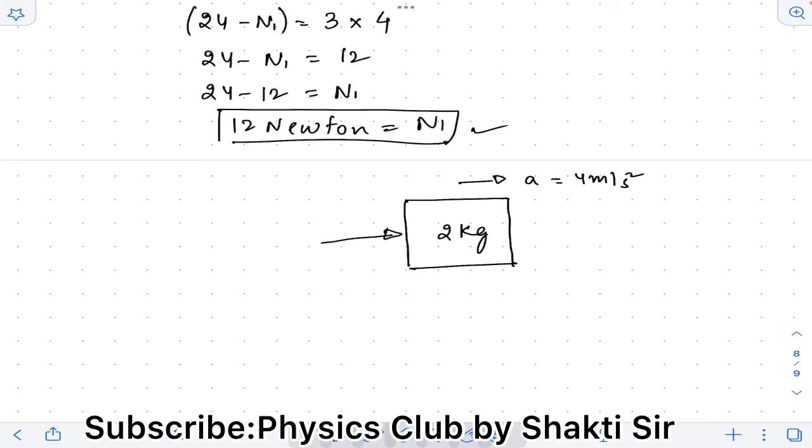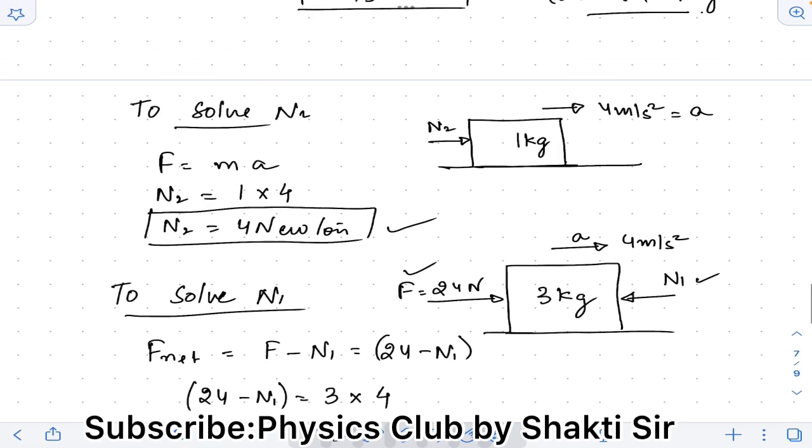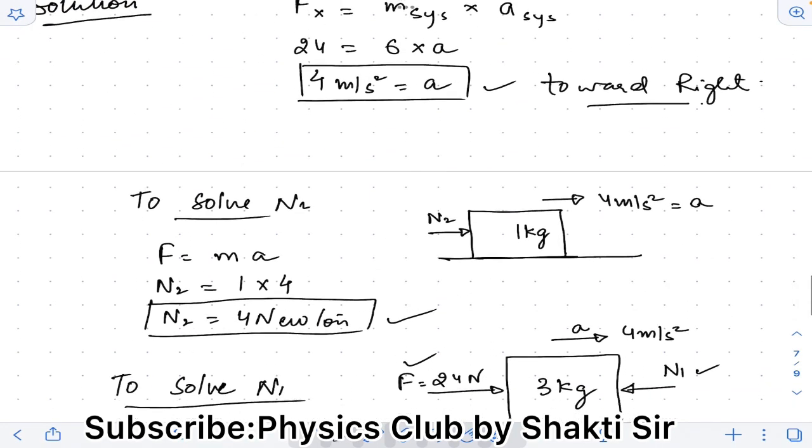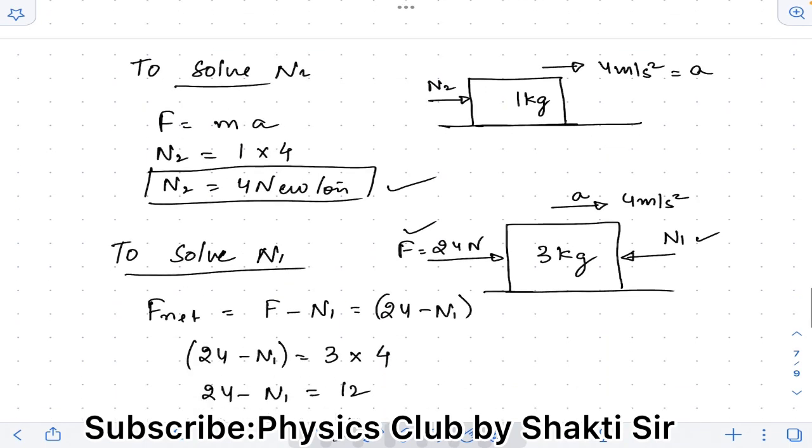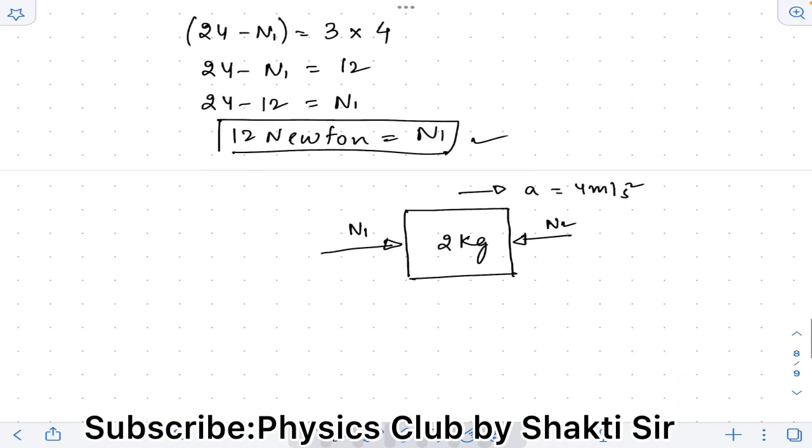N1 acts in this direction and N2 acts in this direction. I am assuming we know N2 from the free body diagram of the 1 kg block, so N2 is equal to 4 Newton.